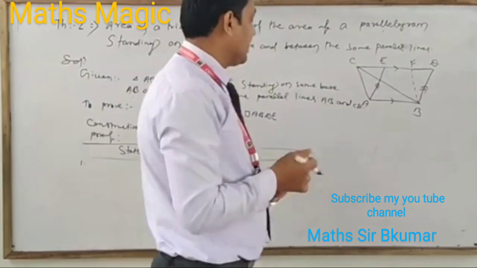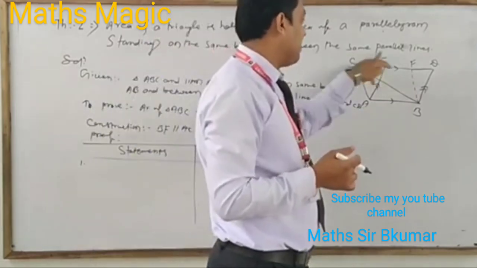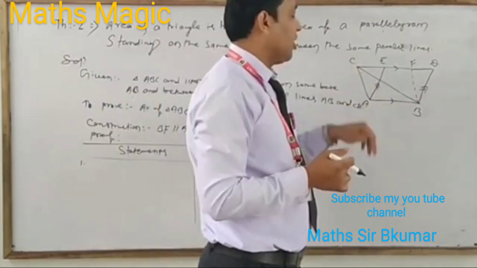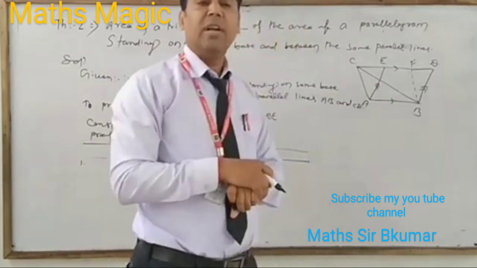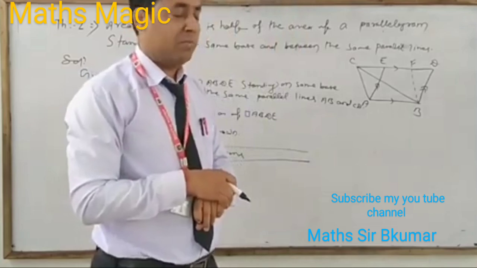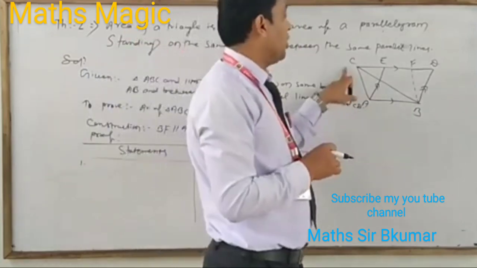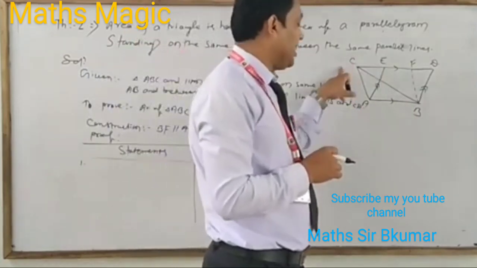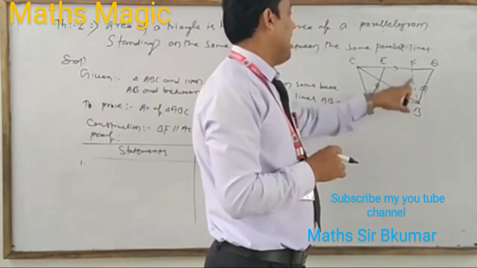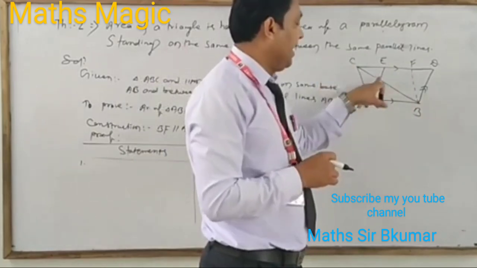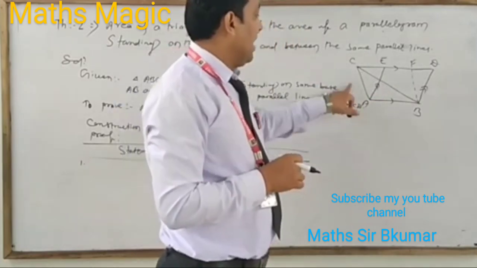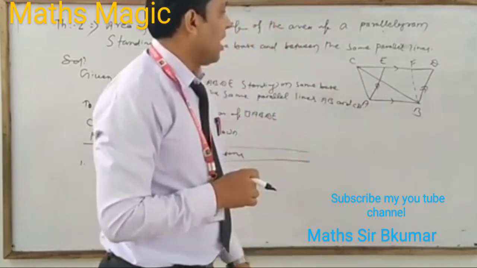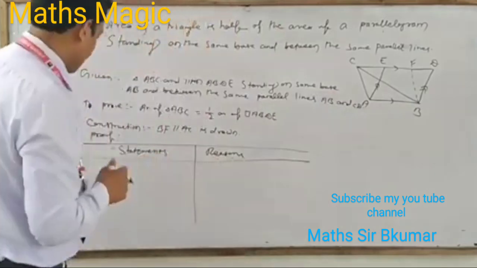After that, in parallelogram ABFC, BC is a diagonal, and I think you know a diagonal bisects the parallelogram. So triangle ABC is equal to half of parallelogram ABFC, and parallelogram ABFC is equal to parallelogram ABDE. So you can directly say triangle ABC is equal to half of parallelogram ABDE.